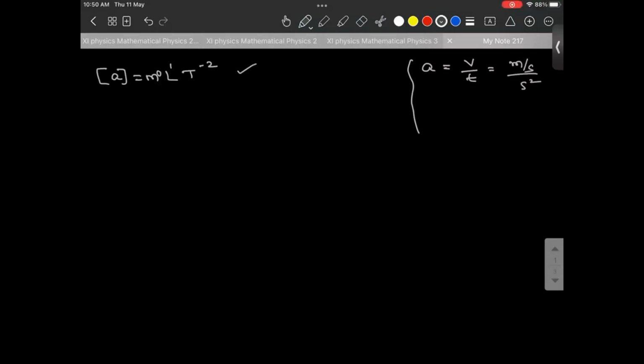Okay. Suppose I ask you what is the dimensional formula of kinetic energy. You guys try and tell me. So for the dimensional formula of energy, first write the formula, half mv square.